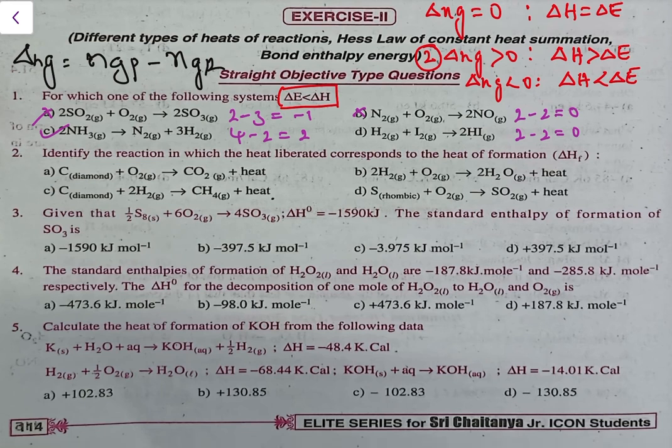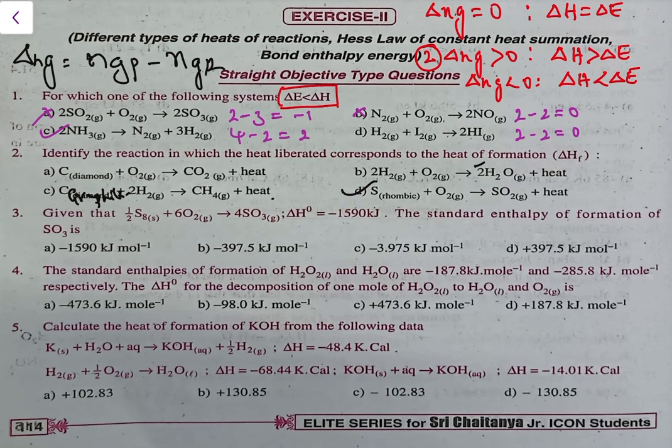Second option, if you observe, here 2 moles are formed. This is not correct. 1 mole should form in the reaction. Graphite and diamond are both given. This is graphite, and graphite is also not the standard elemental state, so this is also not correct.